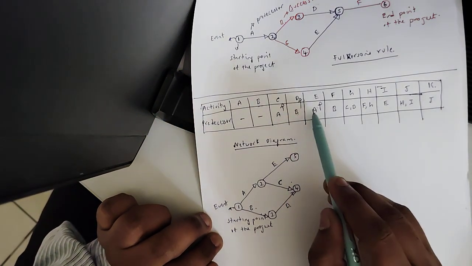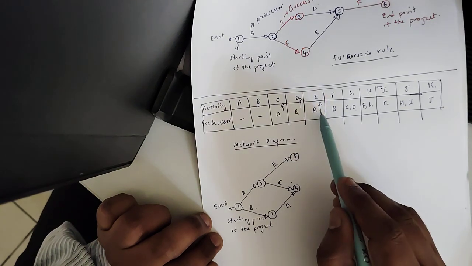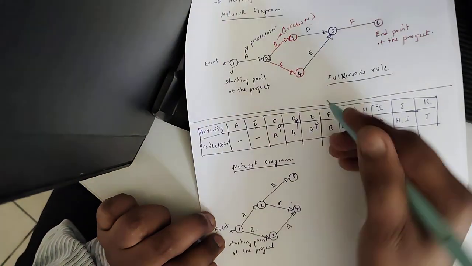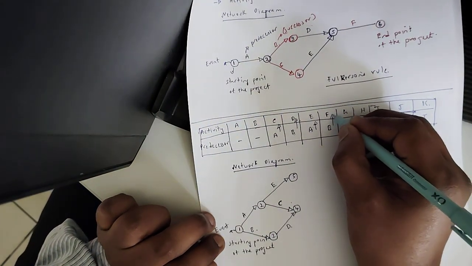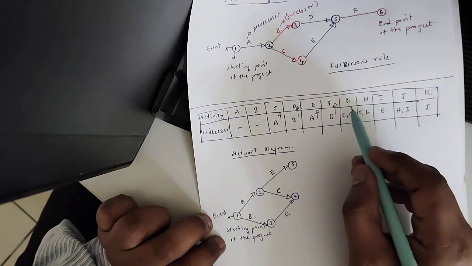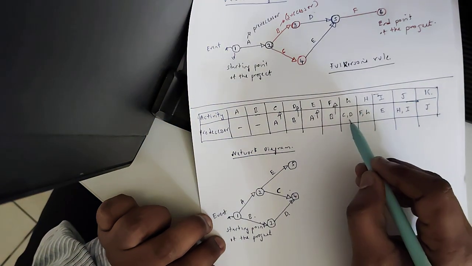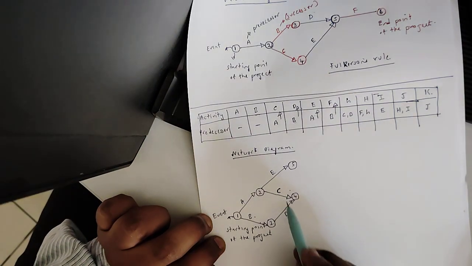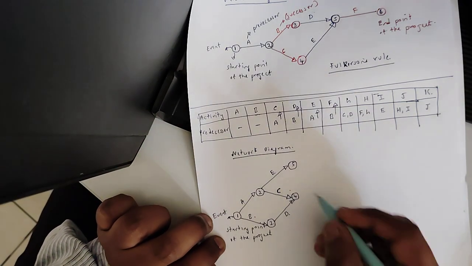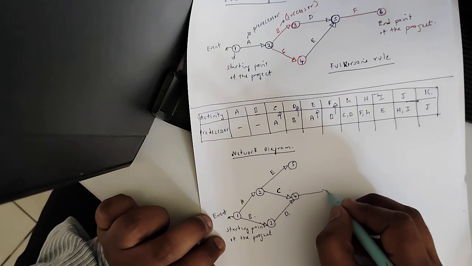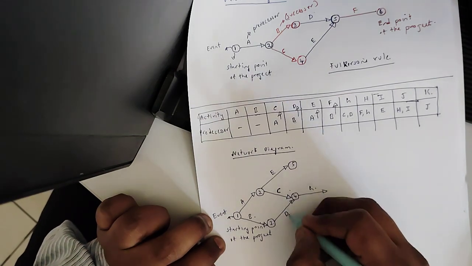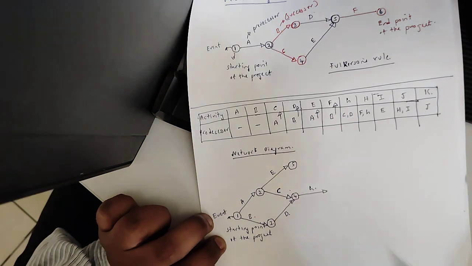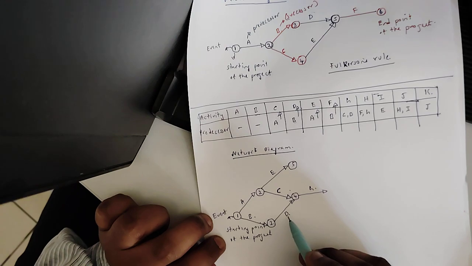Now you can see that from B it should also move to F activity. Before that, there is a G activity which is connected to C and D; the precedence is C and D. C is here and D is here. So the G activity will be connected to D and C.